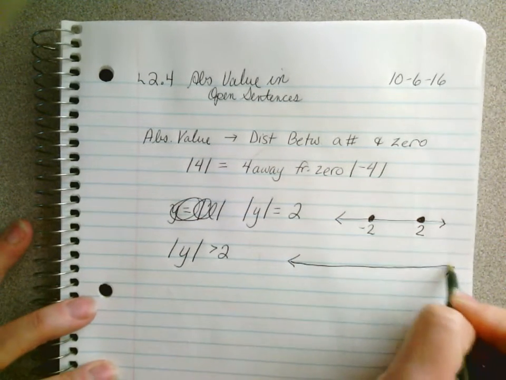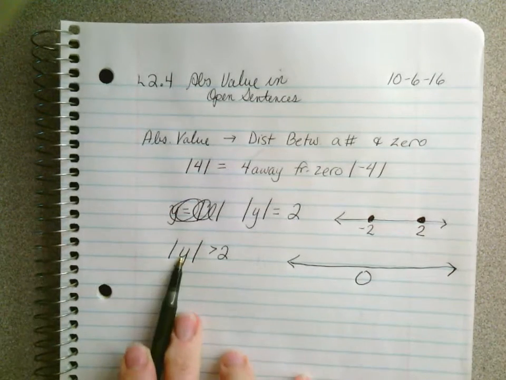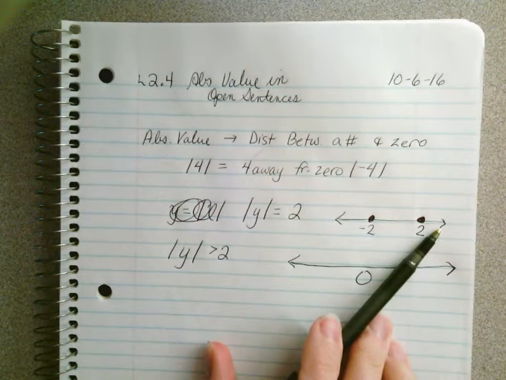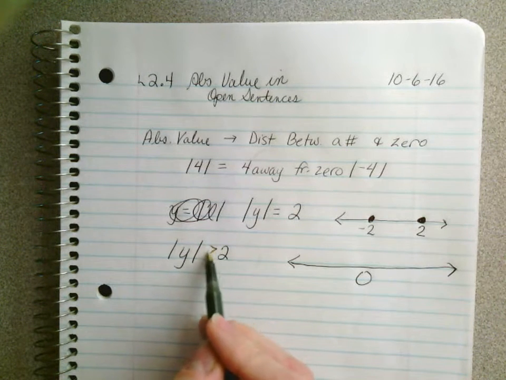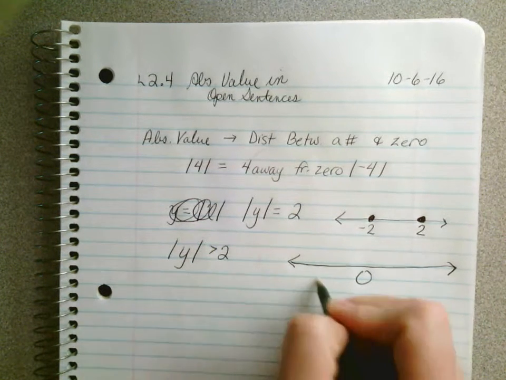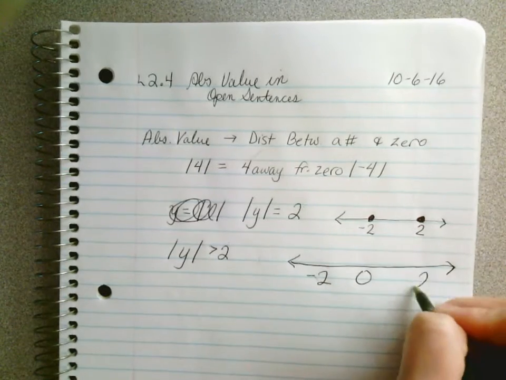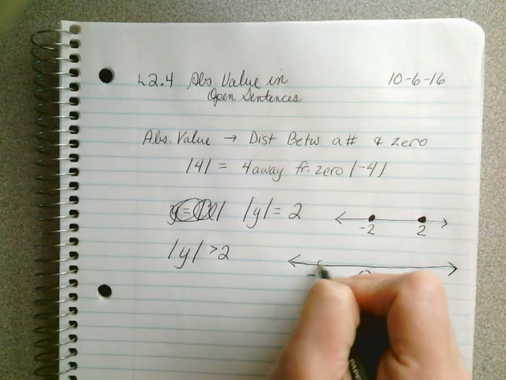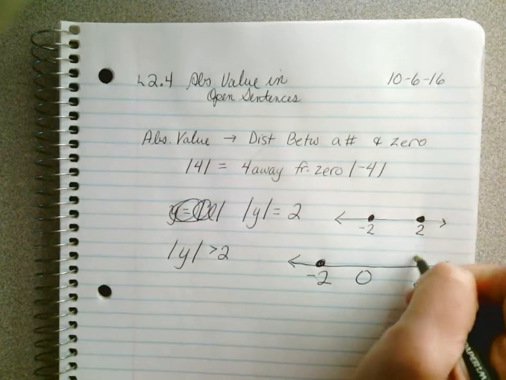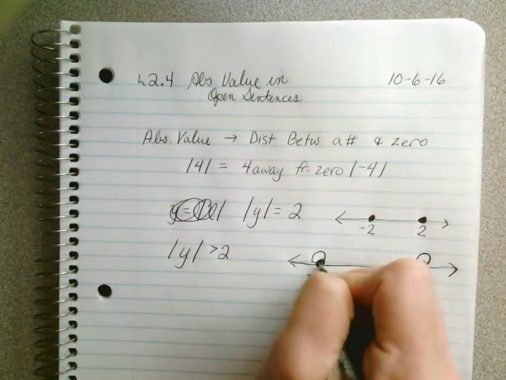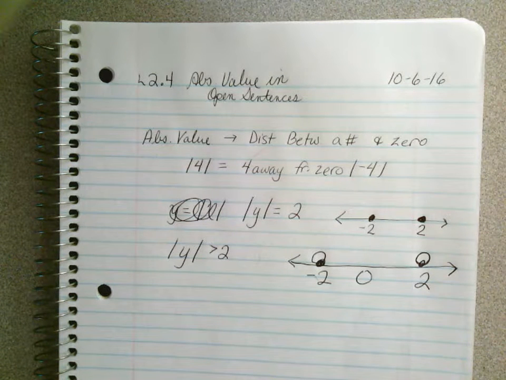Would you agree with me? Because here we said it's 2 and negative 2. So since I am saying greater than, this is going to look a little tricky. Negative 2, positive 2. I am going to open circle both of these. Now it looks like eyeballs.